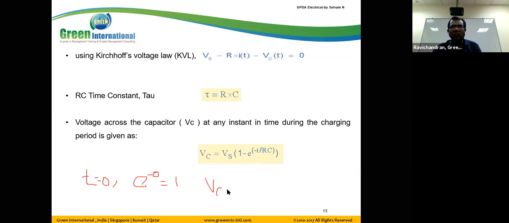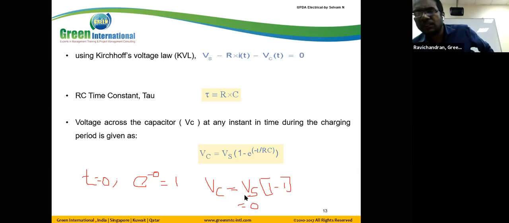So VC is equal to Vs into 1 minus 1, which is equal to 0. So at T equal to 0, there is no voltage in the capacitor.